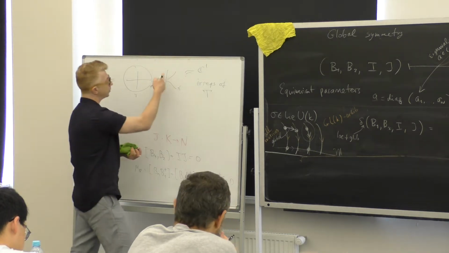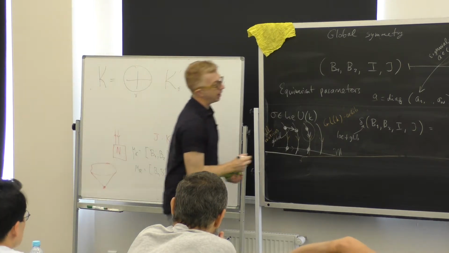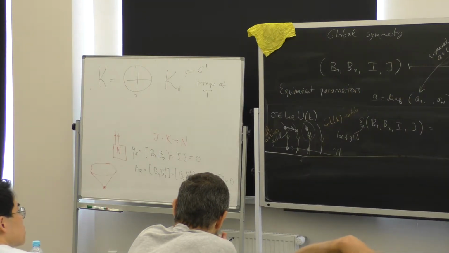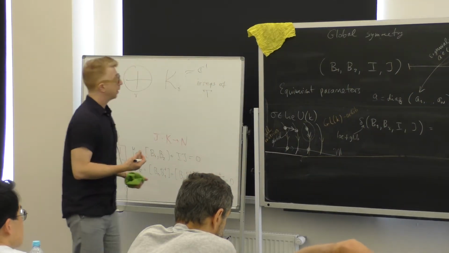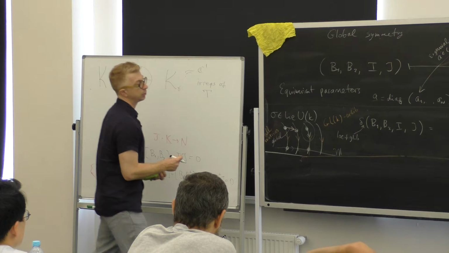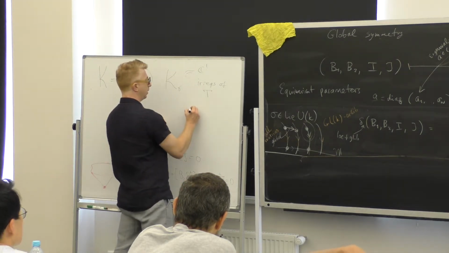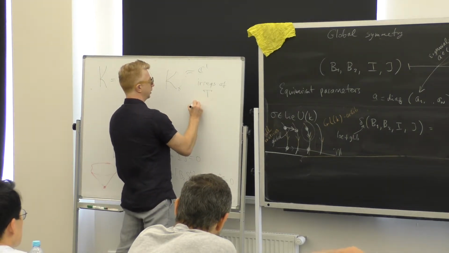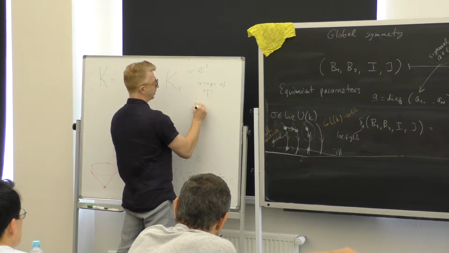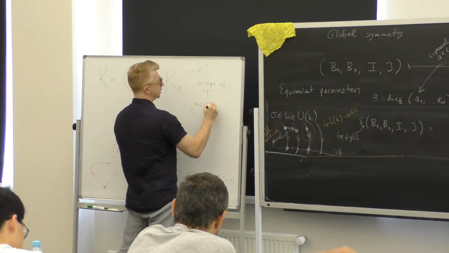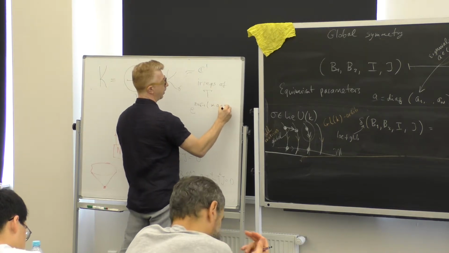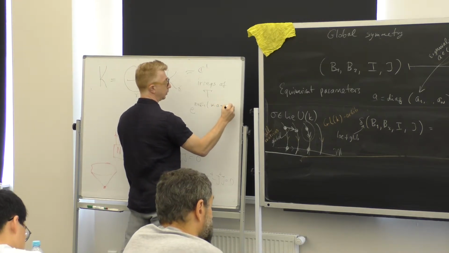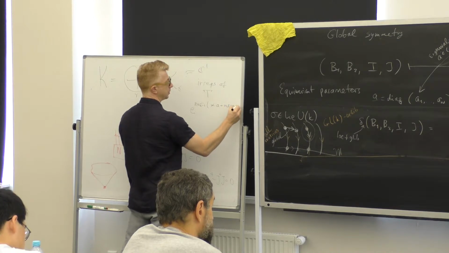So on this one-dimensional space, the element of this torus acts by multiplication by a phase, and this phase has to be of the form e to the 2 pi square root of -1, some vector w dot a plus some number n1 times epsilon 1 plus some number n2 times epsilon 2.